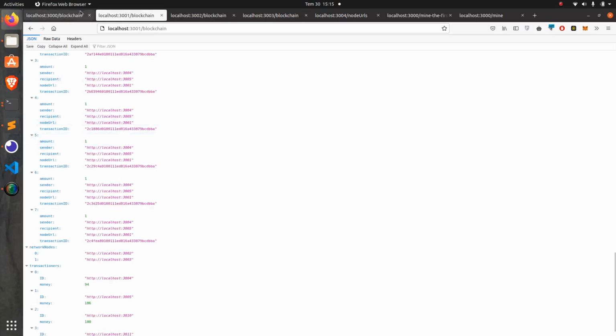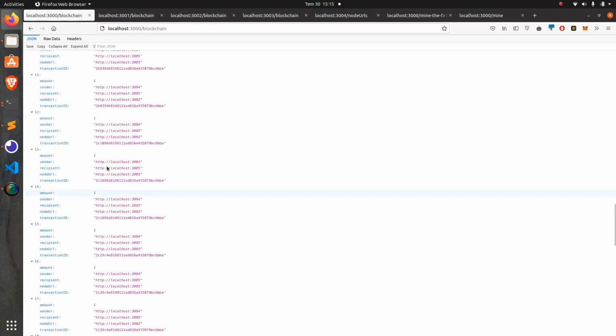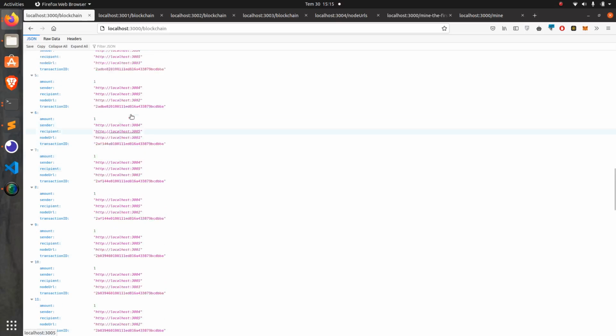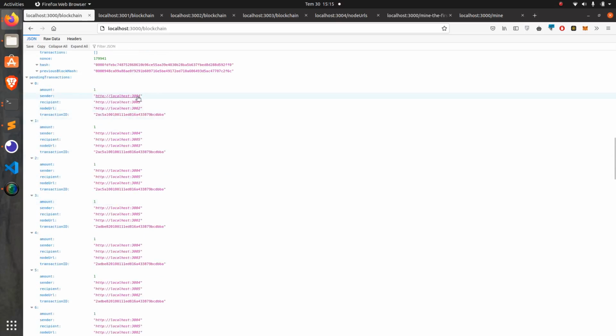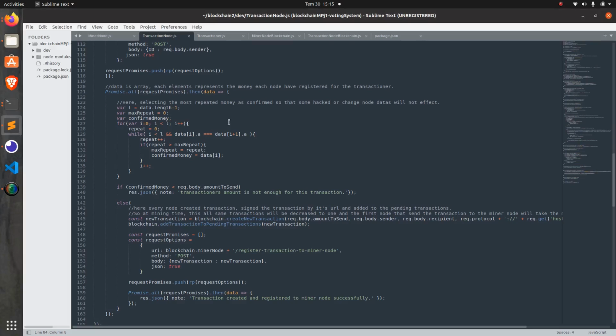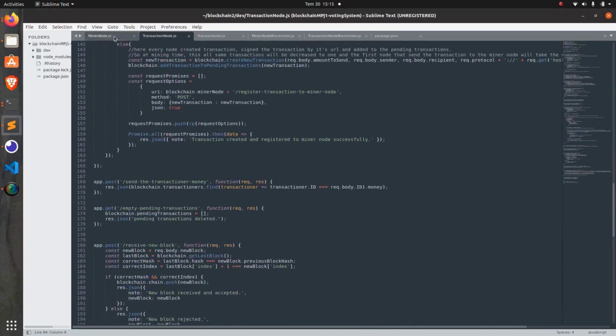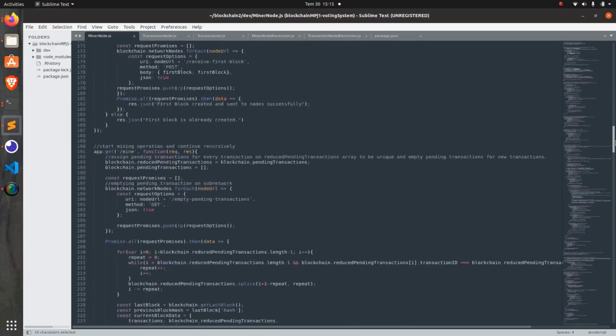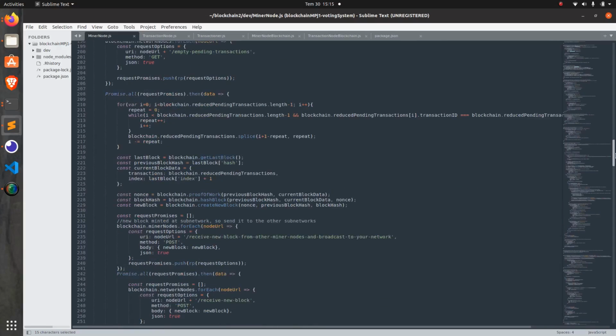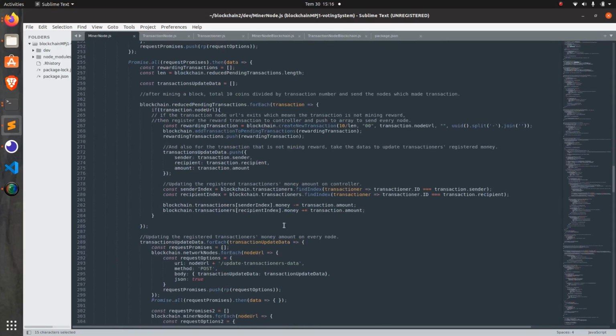And after that procedure, the first one that sends the transaction to the controller will be rewarded by 10 money divided by all the transactions.